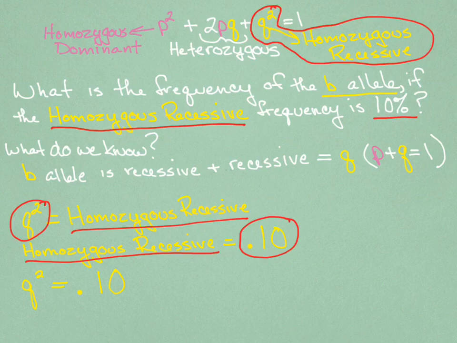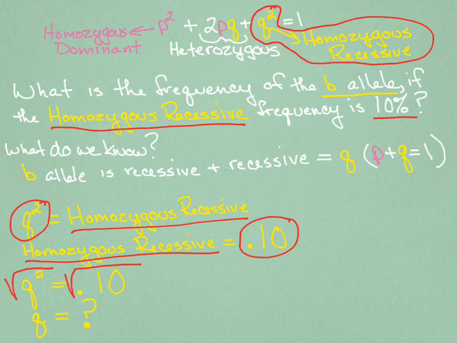So now we know what Q squared is, so we can solve for Q. And this is when you are going to be using those math skills. How do I go from a squared number? I need to figure out just Q. It's not division, because this isn't multiplication and division. This is exponents. So how do I reduce that exponent? I take a square root of it.